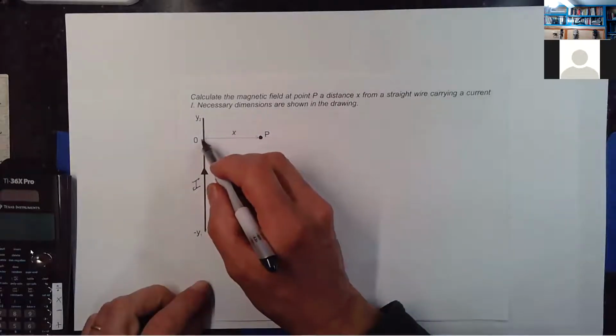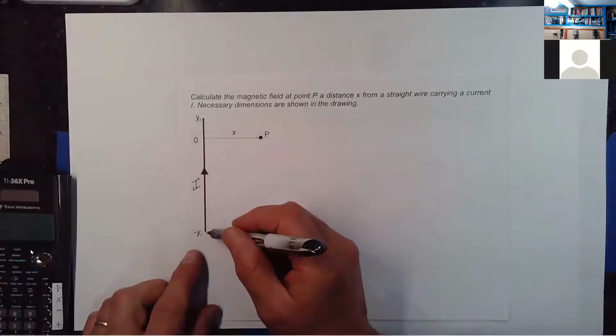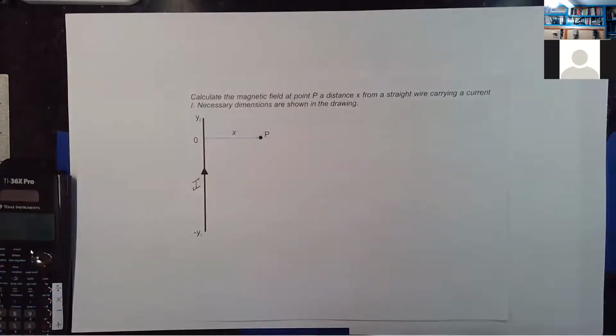It looks like right here is the origin, where y is equal to 0. So we go from minus y1 up to y2.